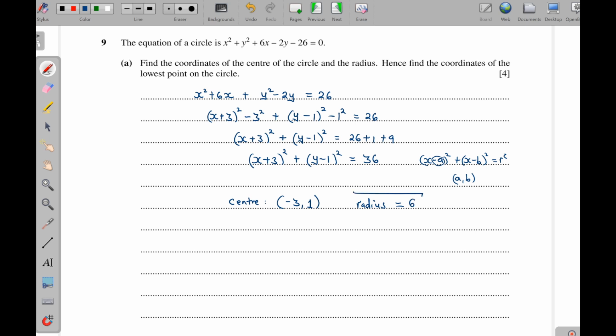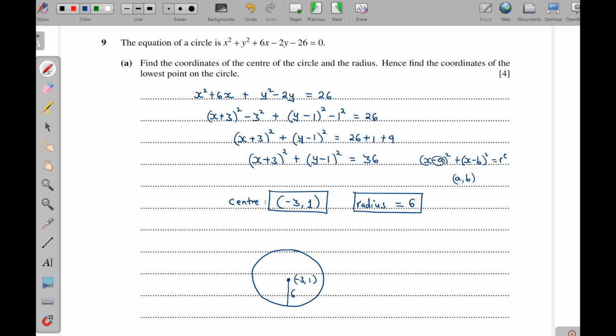So that is that. Then they are saying we find the coordinates of the lowest point. So if I have this circle here, its center is negative 3, 1. There is a radius here, which is how many units? 6 units.